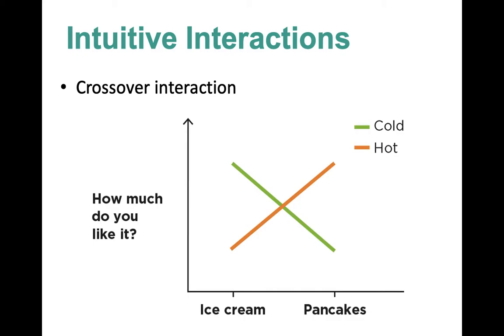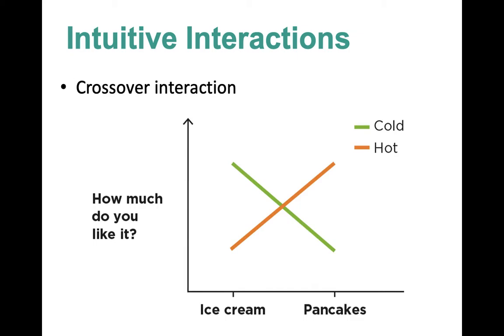So for example, we could ask, does the temperature at which food is served affect how much we like it? The answer, of course, is that it depends on the type of food. We tend to like to eat our pancakes hot, but not cold. And we tend to like our ice cream cold and not hot. Hot ice cream, that's disgusting. Just a bowl of hot soup, like gross.